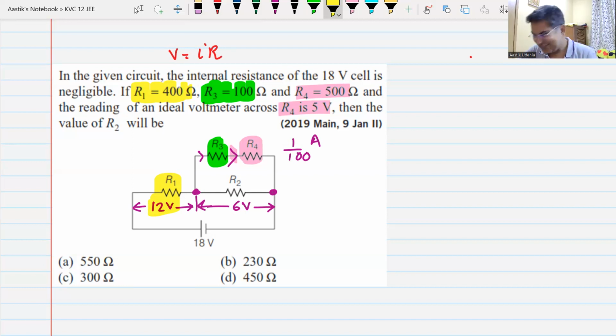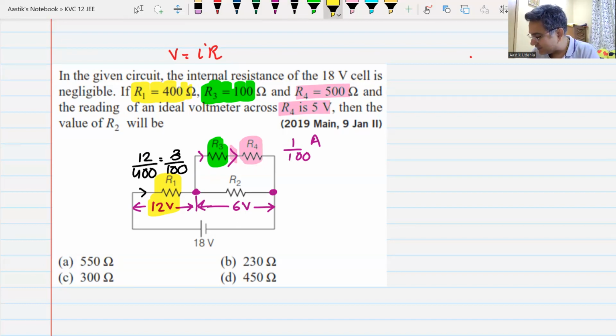You can't even get an idea because you don't have mobile phones. So V is 12 volt, resistance is 400 ohm. 12 by 400 will be the current in this branch, which is 3 by 100. 3 by 100 is the current coming here.